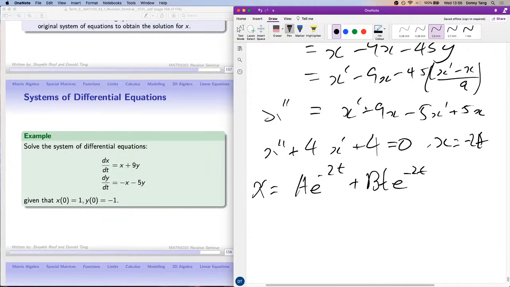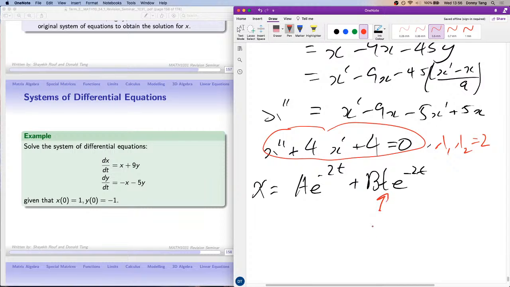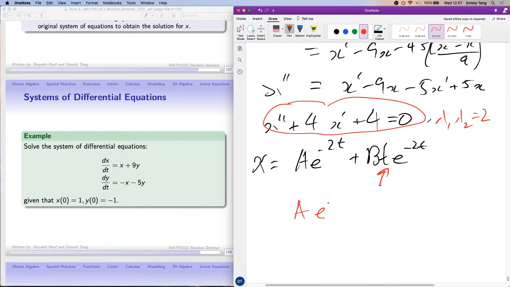I don't think you guys cover when everything's the same, but basically when you solve for lambda 1 and lambda 2, both are equal. So in this form, you have to multiply an extra t to make them different. Because if it was just a e to the power of negative 2t plus b e to the power of negative 2t, they just combine. It's just a plus b.